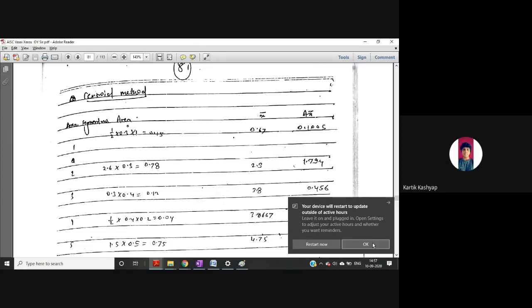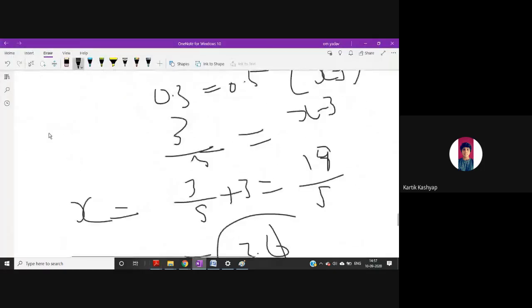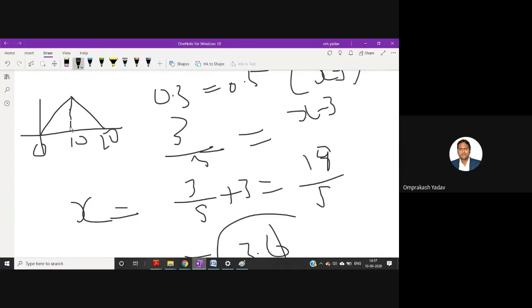Sir, can you repeat that rising method that you used to find the equation? Okay. Suppose I am having a line like this, with 0, 10, 20 on the x-axis.